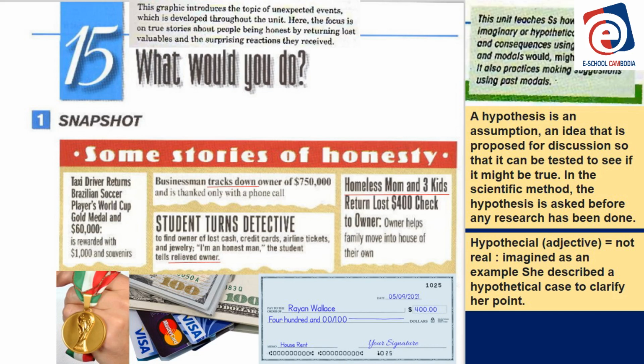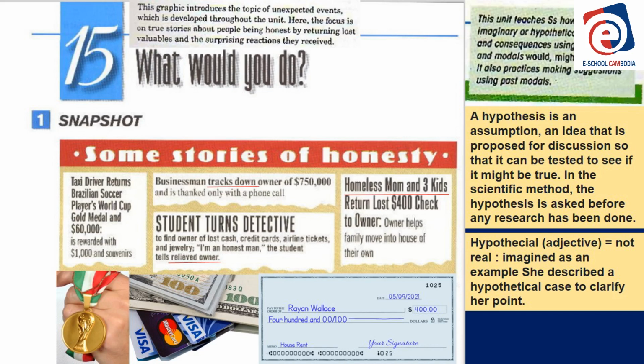But a homeless man with his 3 children, they found a check, and they found the owner, and they returned it to the owner. And their reward is the owner helped them get a new house for themselves. Not just a rented house, but a house that they owned. So that's amazing.